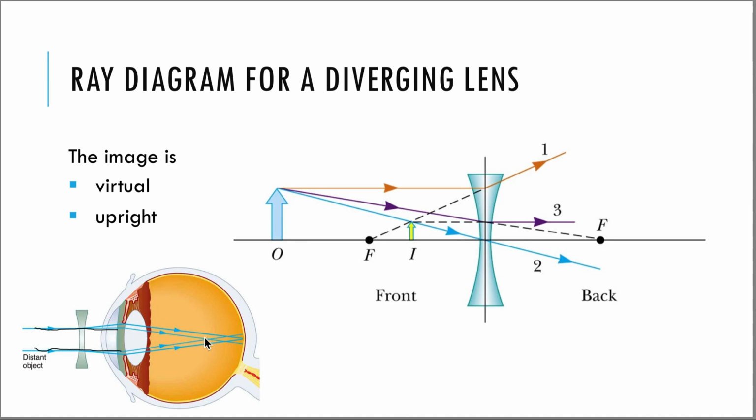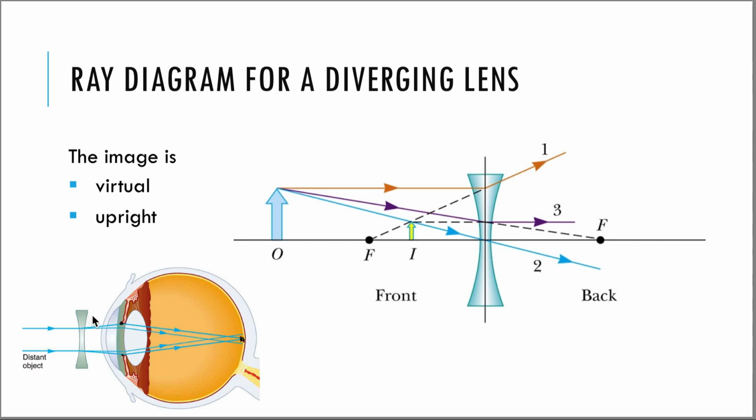What this picture is showing is that if you put a diverging lens here, then these rays are going to diverge. Instead of coming straight here, they're going to diverge. And now when your eye does its work to bend the light rays, since the rays are initially further apart thanks to the lens, when they converge, they actually converge here on the retina.